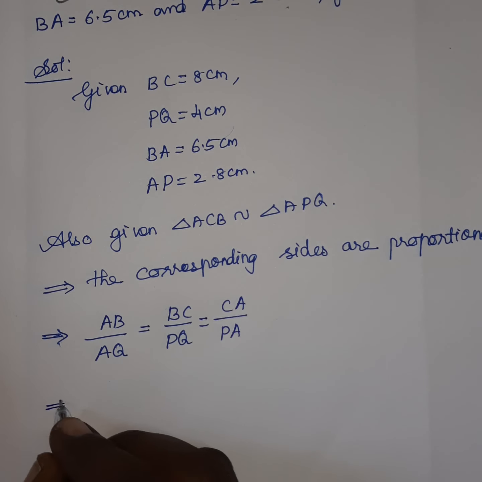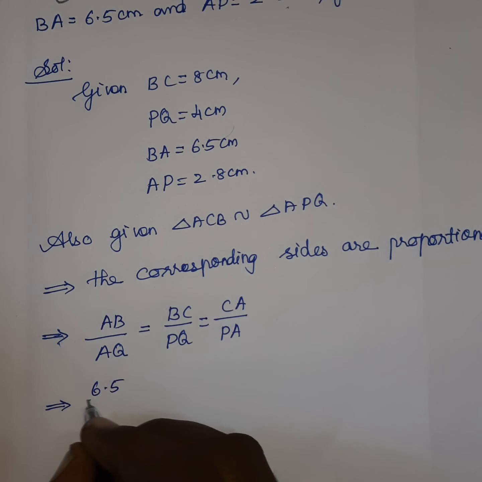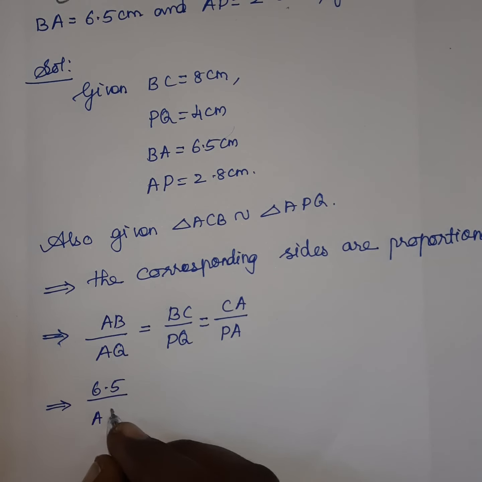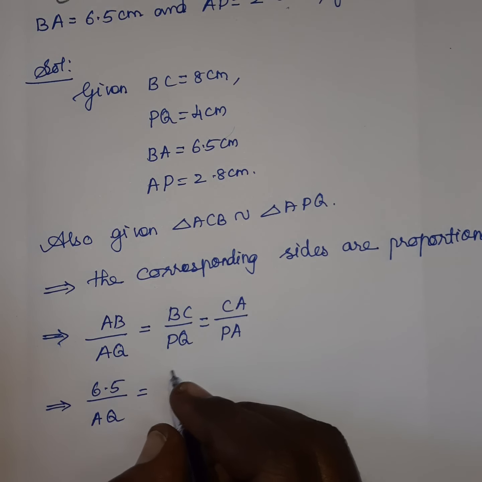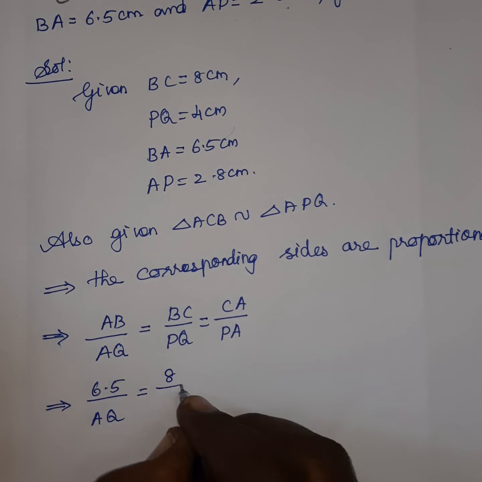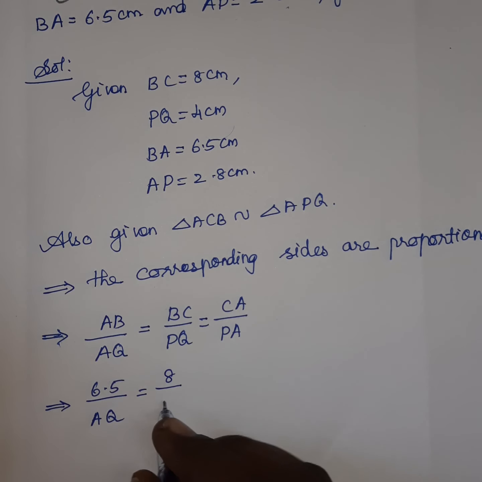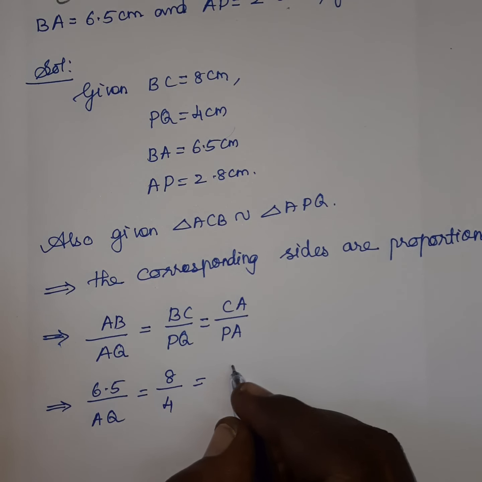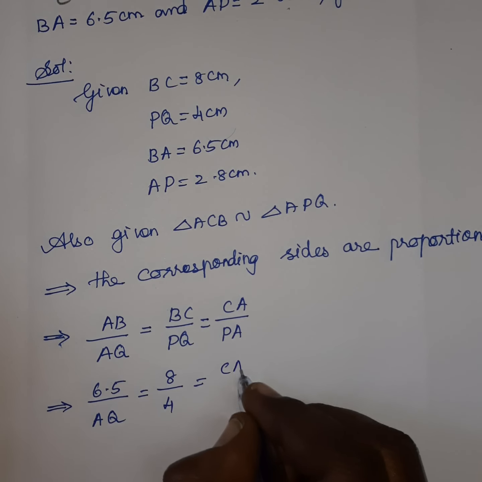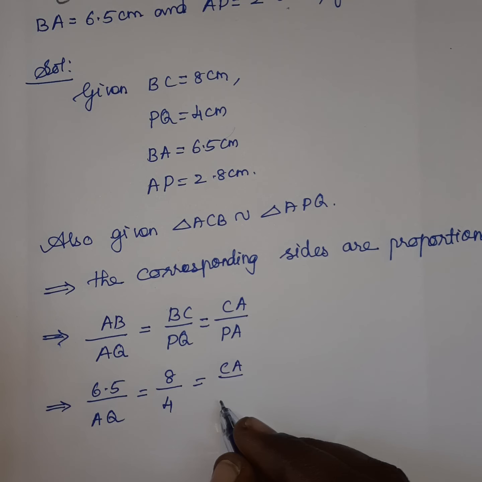Okay, what are the values given? We can write it now. AB value 6.5 divided by AQ value we don't know, we need to find out, which is equal to BC value, it is 8 divided by PQ value, it is 4, equal to CA value we need to find, and PA value, sorry, PA value it is 2.8.